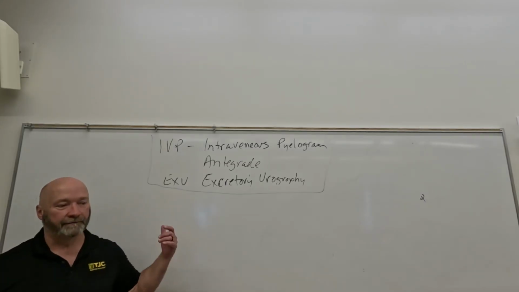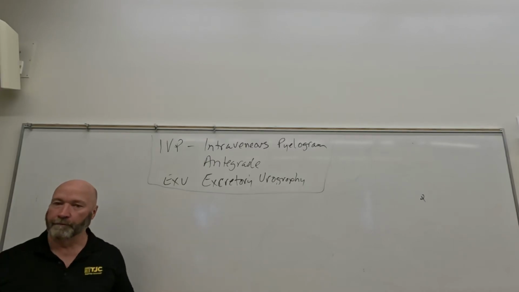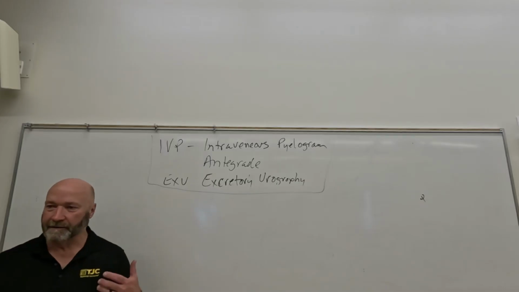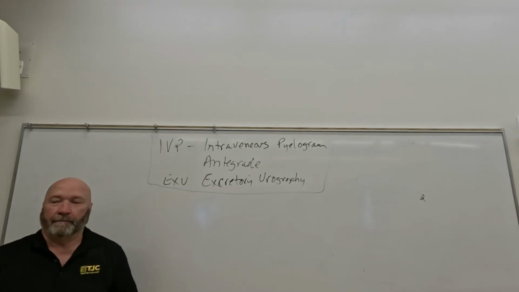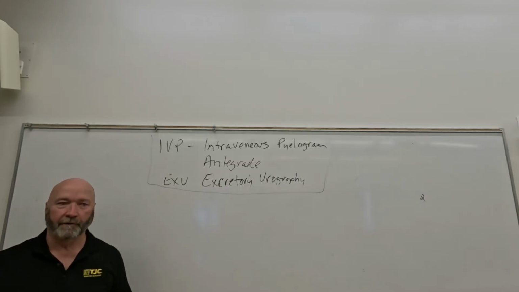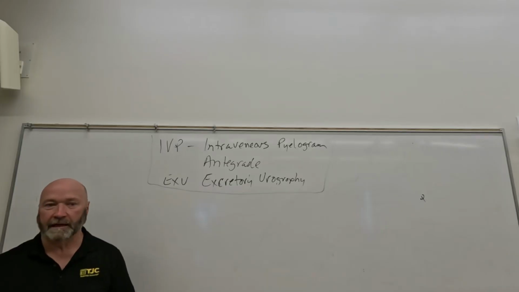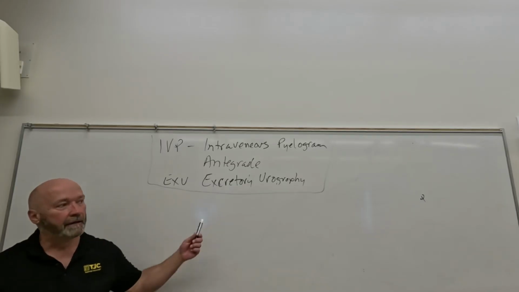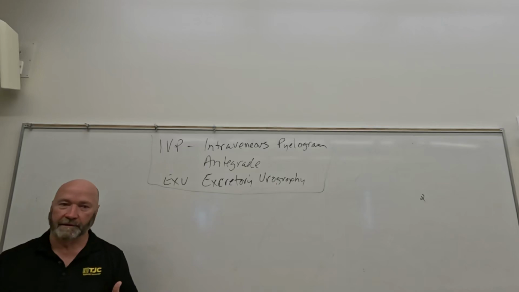So the chances of reaction are low with non-ionic because the body just doesn't recognize it quite as well as iodine as what it otherwise would. All right, but if we're just injecting into the bladder, it's not going in the bloodstream. Chances of reaction are low still. Patient can still react. If they're allergic to iodine, you need to ask them that. You need to ask IVP patients, are you allergic to iodine?